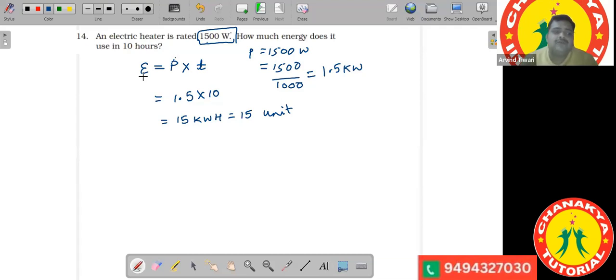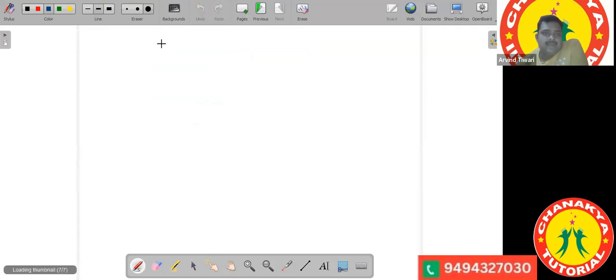Okay. Let's do a few questions overall from energy conservation. Let's try to understand energy conservation in few examples. Okay, Siddharth, what do you mean by energy conservation?